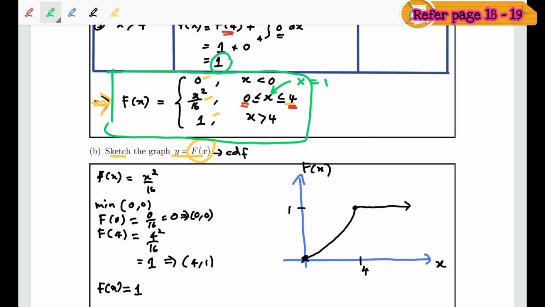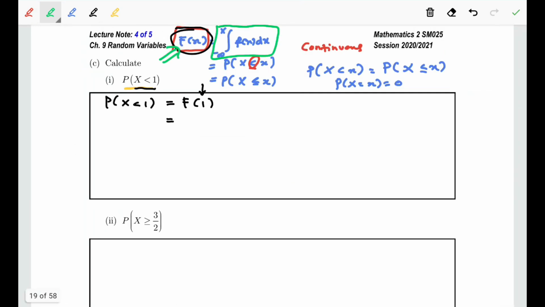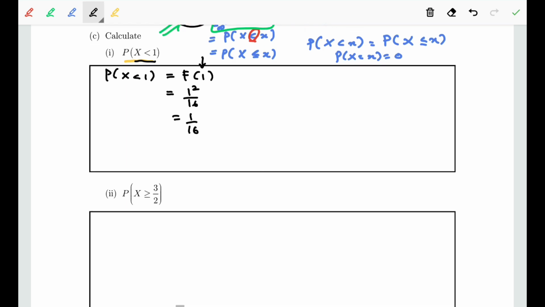So we substitute 1 into x squared over 16. It should be 1 squared over 16, so the answer is 1 over 16. So we have settled the first one.